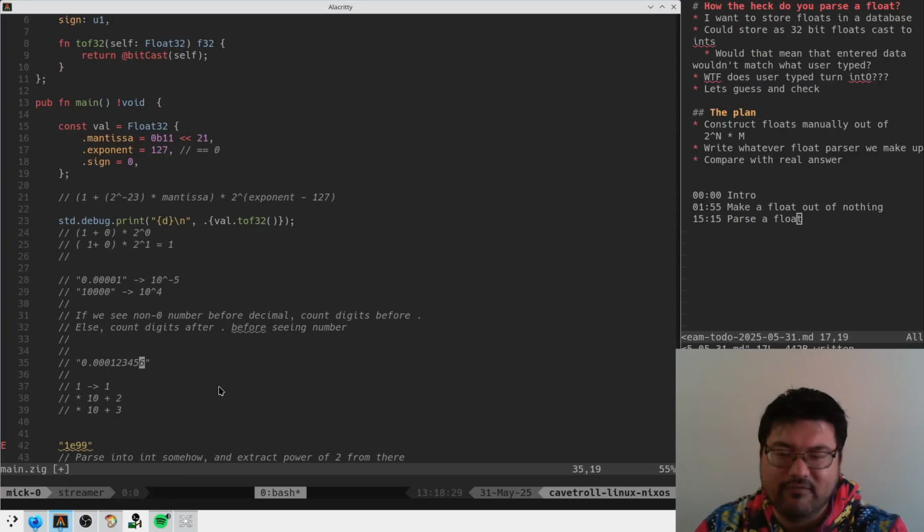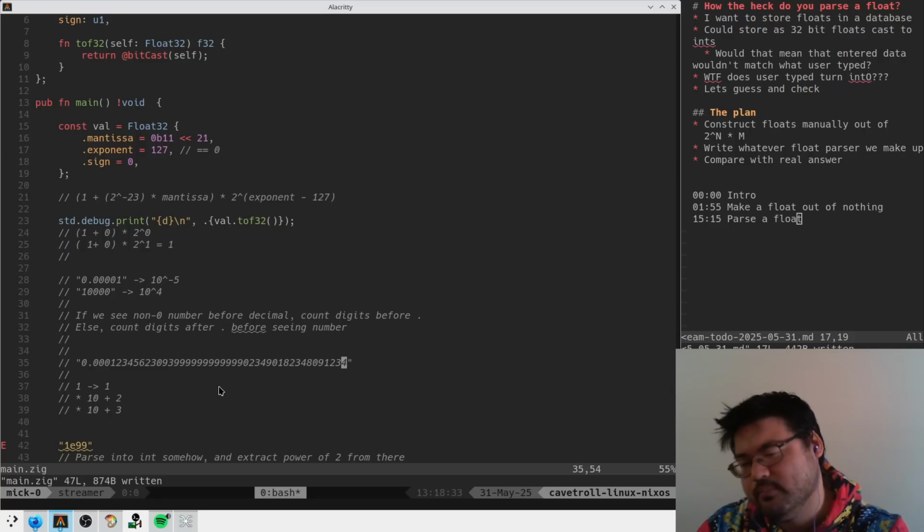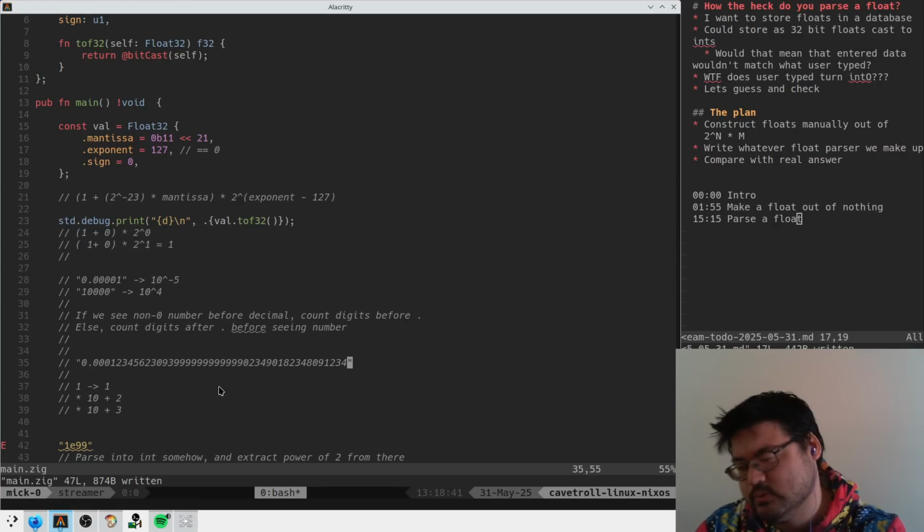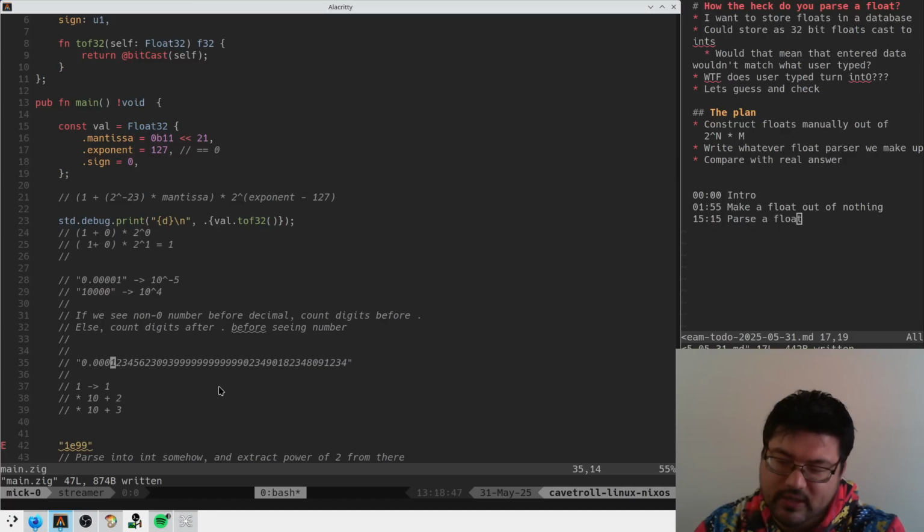And then eventually, if there's too much stuff at the end, you just discard it. At some point you run out of bits to represent this, and so you just give up. I like that. That seems reasonable. And then figure out the power at the end. I don't know how you get there.